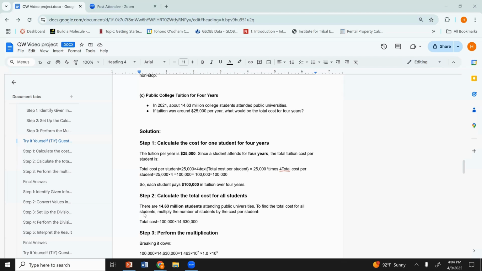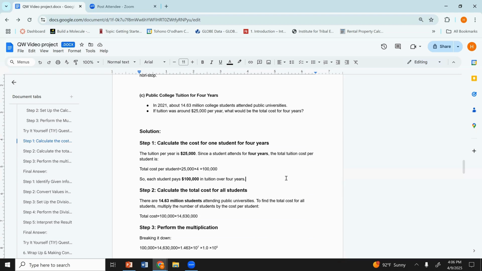Like, how much if I were to pay for the tuition fee of all the 14.63 million people, and it costs 25,000 per year, how much would that cost in total for all the students? So that's what we're trying to solve here.